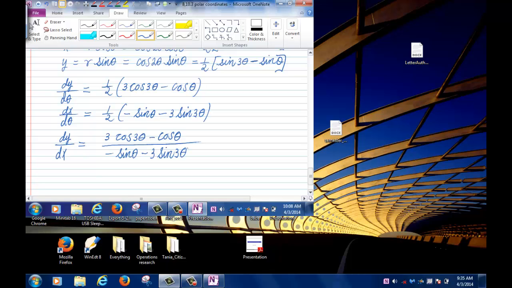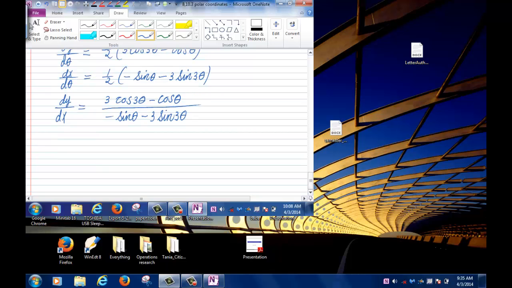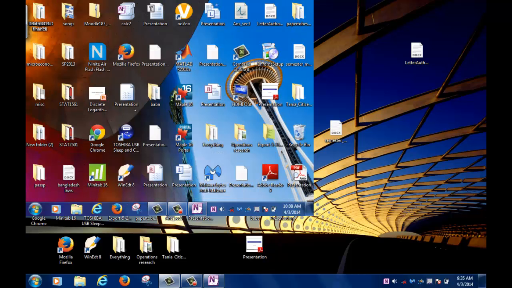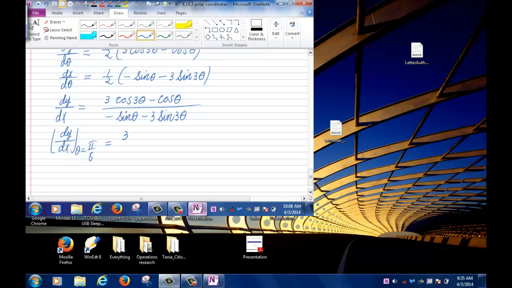Everybody's okay with that? We're taking the ratio of the two, and now we want to know the slope at theta equals pi over 6. So what do I get? I get 3 times cosine of 3 theta, right? So if theta is pi over 6, what do I get?